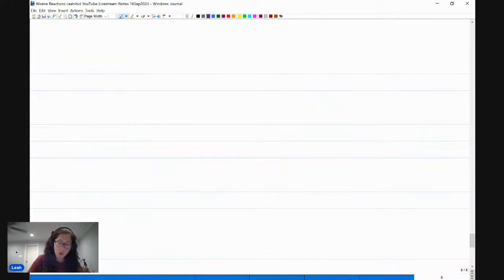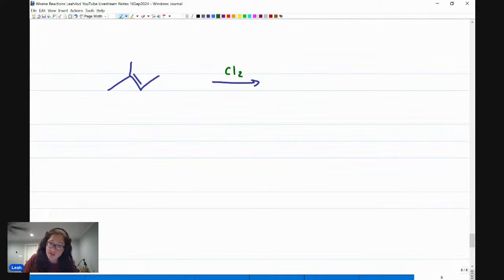Let's try one more with the halogen. Let's say, in this case, I am back to reacting it with Cl2, but this time, instead of using an inert solvent like CCl4, which is not reactive, I choose to put it into something like H2O, water.